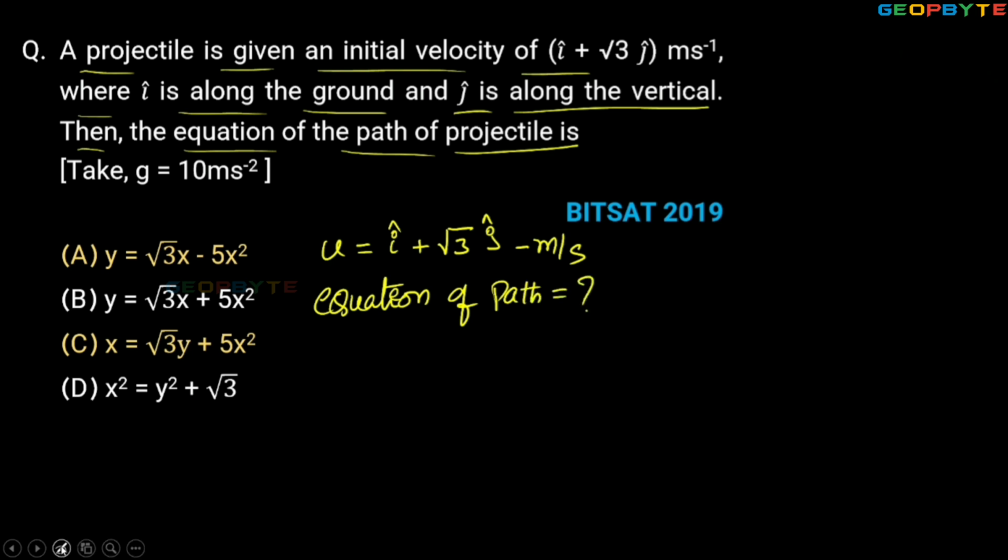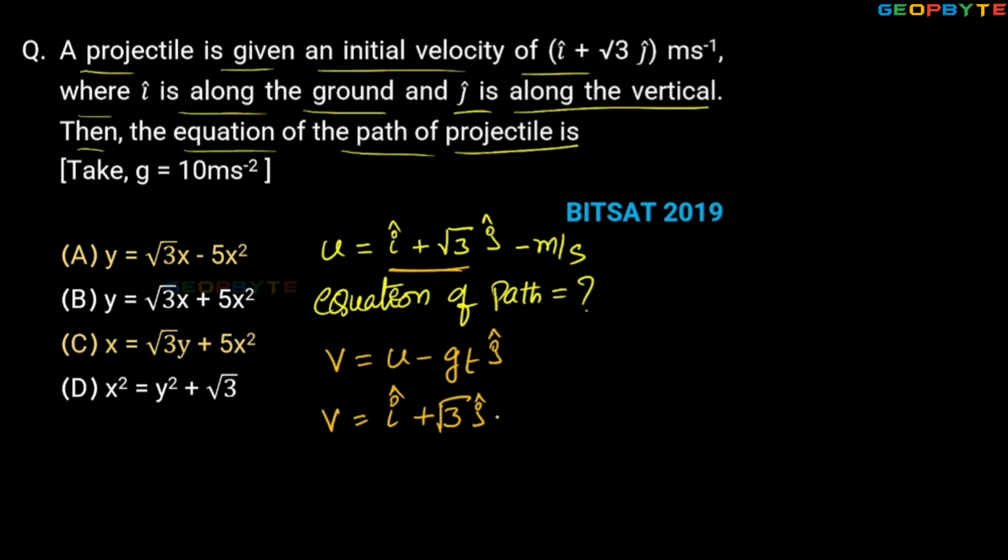Okay. As we all know, the final velocity v equal to u minus g t j cap. Then v equal to, look at the u value. U value is i cap plus root 3 j cap, minus g t j cap.